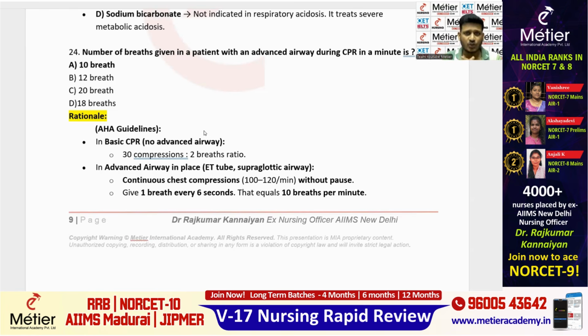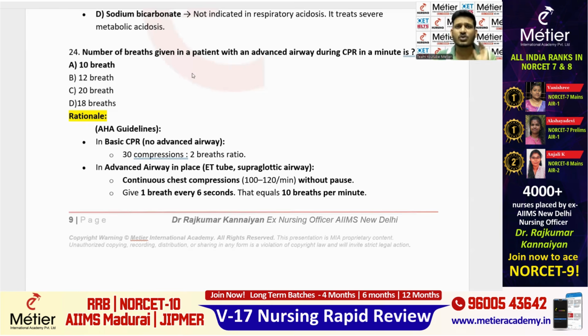Without inserting the ET tube or the supraglottic airway, you are just doing basic CPR, that is coming under what? No advanced airway. See, you can see here, AHA guidelines, basic CPR, no advanced airway. You don't introduce anything in the mouth like an ET tube or supraglottic airway. You just go with a 30 compression and 2 breath ratio.